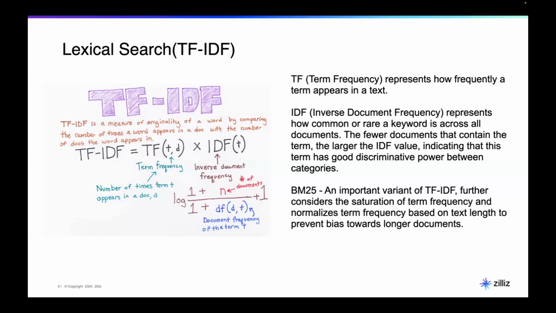So if you take your whole dataset, do all the stats, calculate all the term frequency and all the inverse document frequency, then there's a way to calculate the relevance between your query and your corpus. That is what we call TF-IDF.